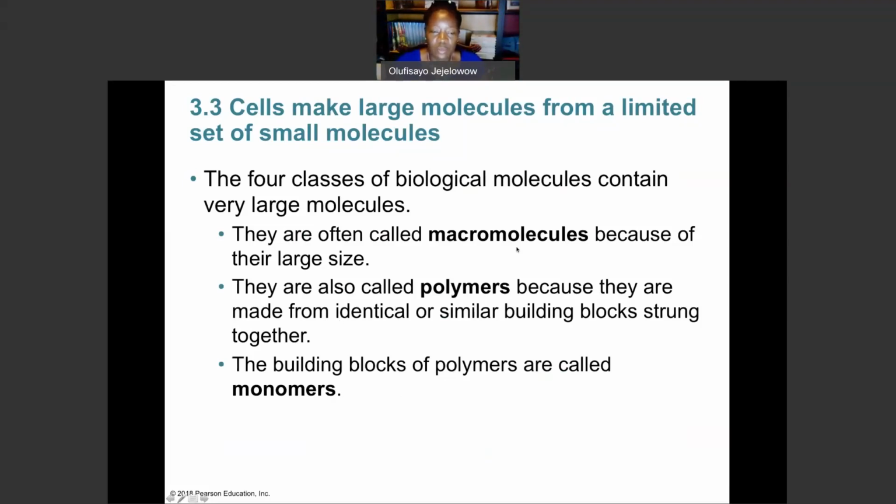They're called polymers because they are made from identical or similar building blocks that are strung together. Just as in the building of a house, the blocks or the pieces of panels are put together, or just like you put your pieces of Lego together, you can build a castle from relatively small pieces. So the building blocks for polymers are called monomers.